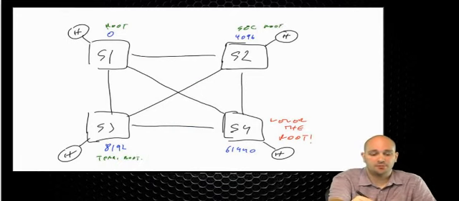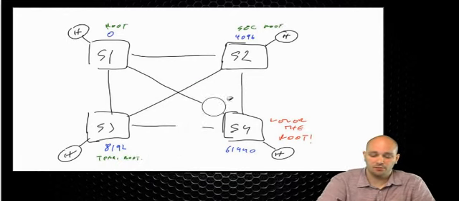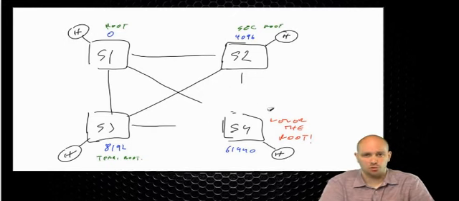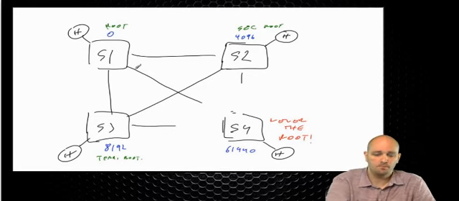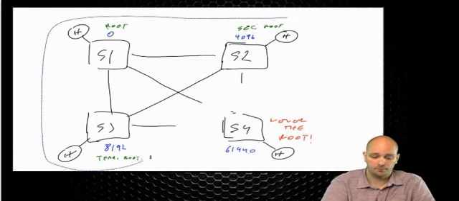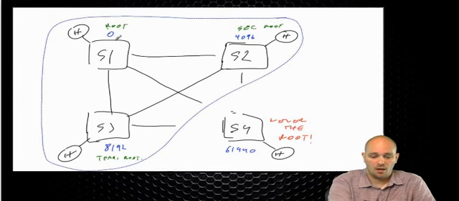But what happens, for example, if these links here fail? So now switch 4 is cut off from the network. Who is the root in the network? Well, in this network here, switch 1 is the root.